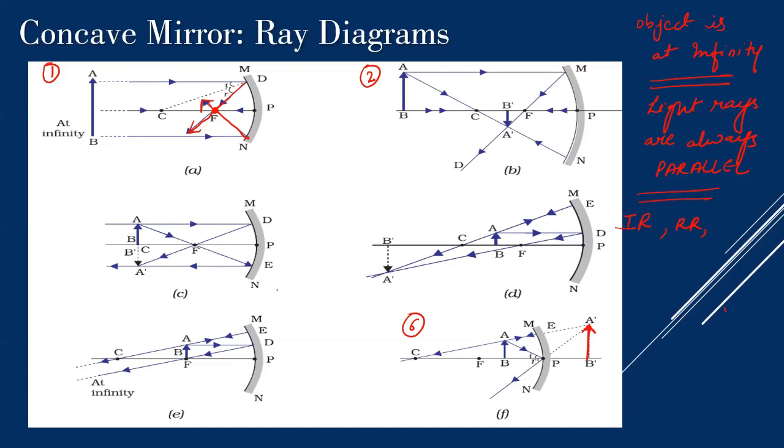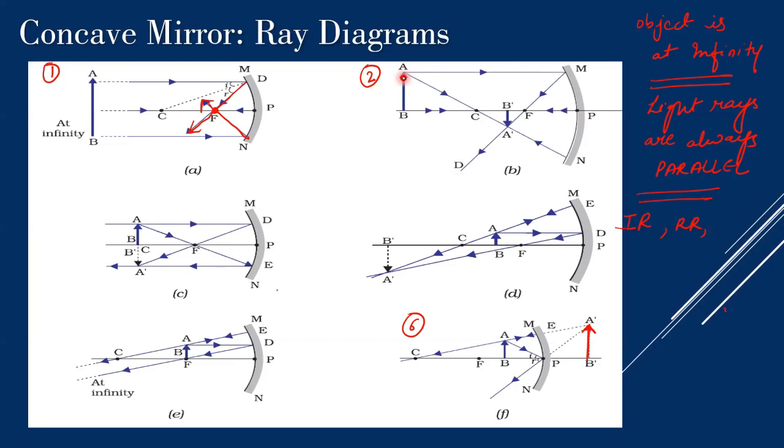So in this case, what we'll do, we'll take one ray which is parallel to principal axis. Second ray, passing through center of curvature. So if you see, this ray is passing through center of curvature. Now, the ray which is parallel to principal axis, the reflected ray will go from focus. It will pass through focus. If you can see, it is passing through focus.